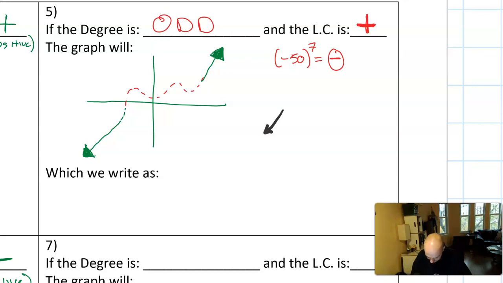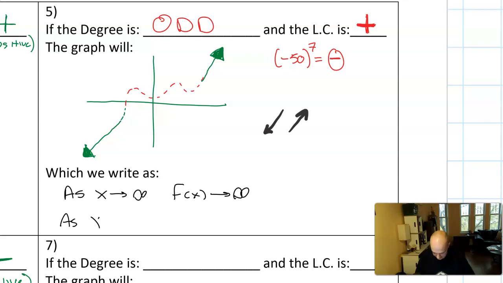So this one we might write, informally using this kind of notation, and more formally, I would say, as x approaches infinity, f of x also approaches infinity, but as x approaches negative infinity, f of x also approaches negative infinity.